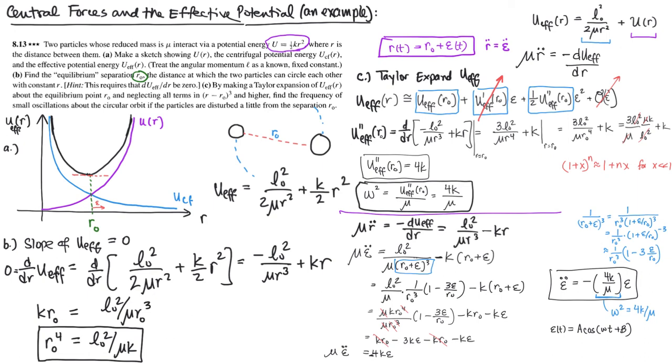Good, so I hope that this example has given you some ideas of how to make use of the effective potential to look for stable circular orbits, thinking of this all as a one-dimensional problem, much as we did when we first encountered potential energy graphs earlier this year. And also in finding the Taylor expansion of U effective or thinking about how to linearize an equation of motion, I hope it's given you a sense for how to apply some mathematical techniques to look for small oscillations about stable equilibrium positions.